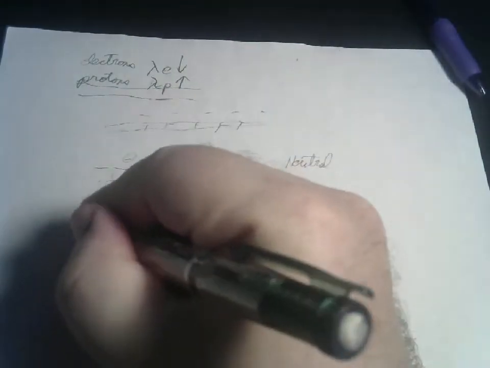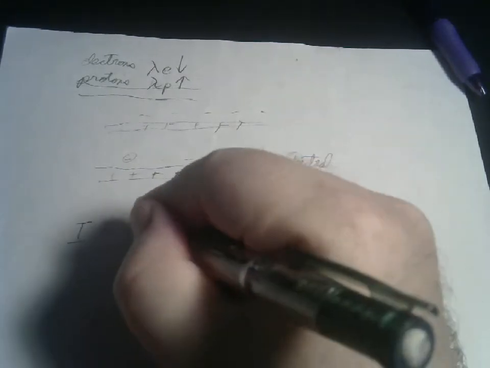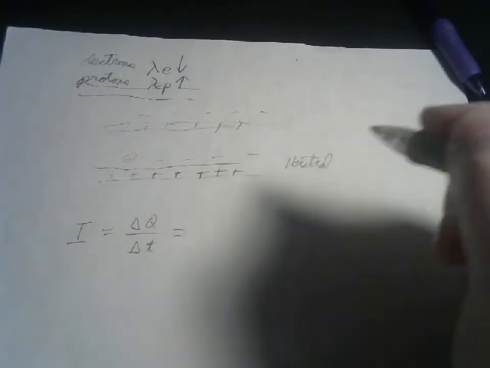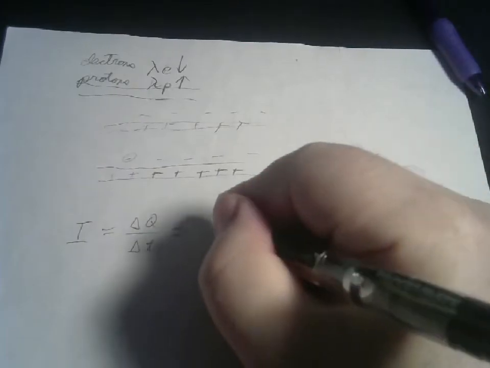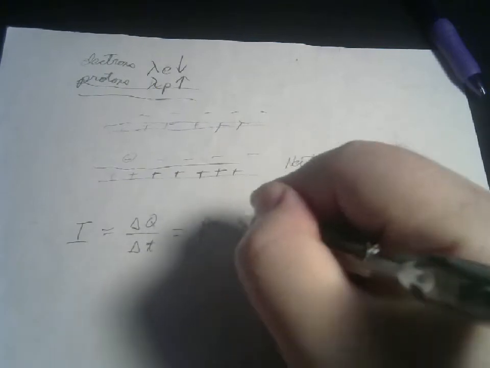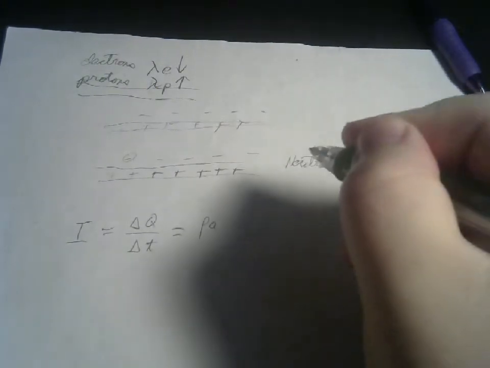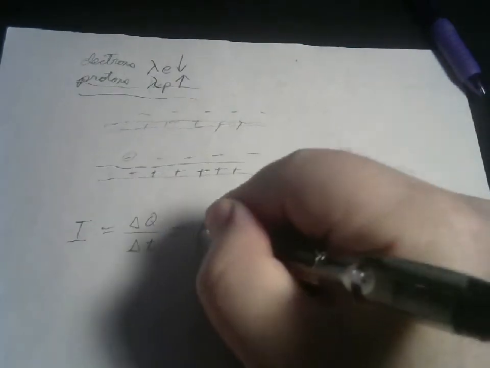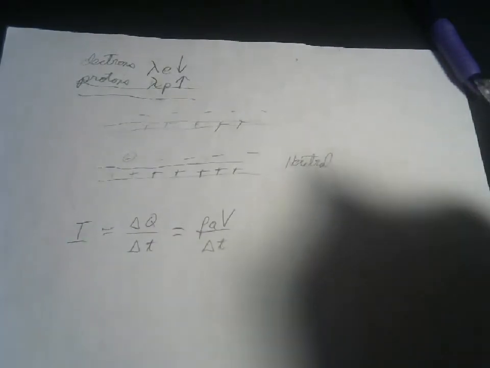So to start this kind of analysis, let's remind ourselves that the current is the amount of charge passing a point in the wire divided by time. And the current would be the density of charge times the volume divided by delta t.